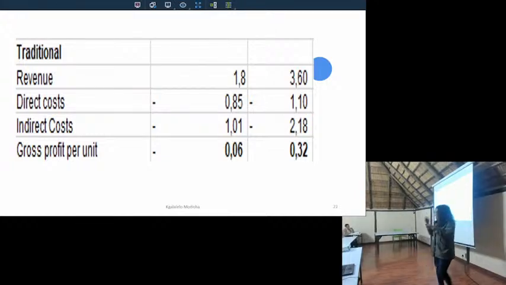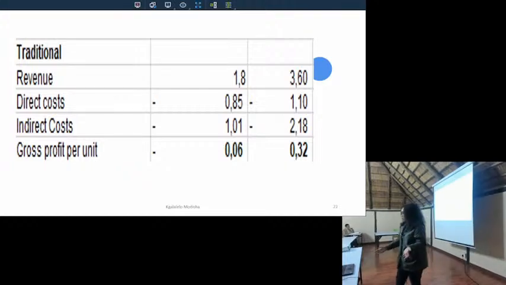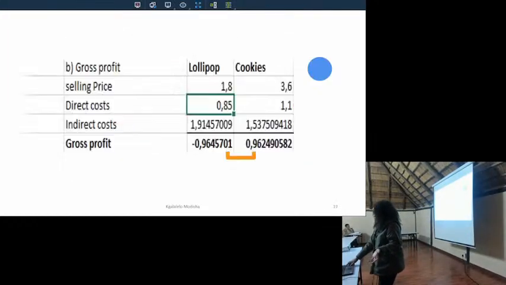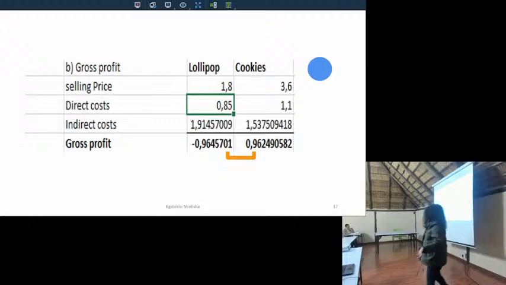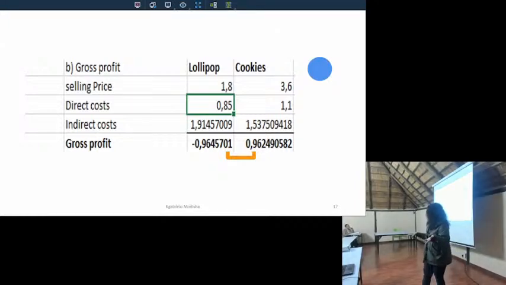Sorry, I swapped them around. At first, it looked like they were doing good because they were making a profit, a gross profit. But with ABC, do you see that they're not? Do you see how a costing allocation system can make or break?